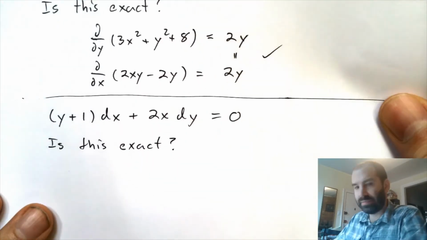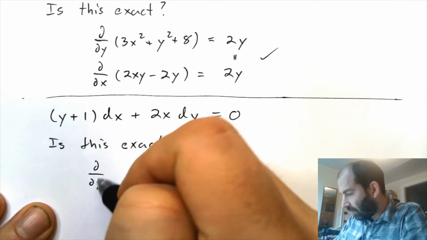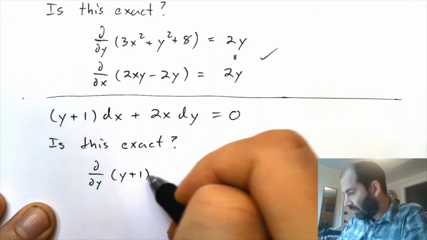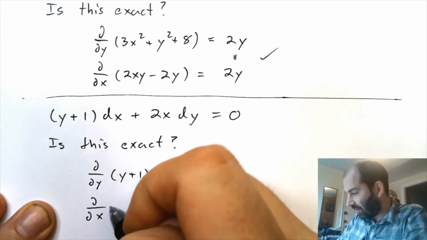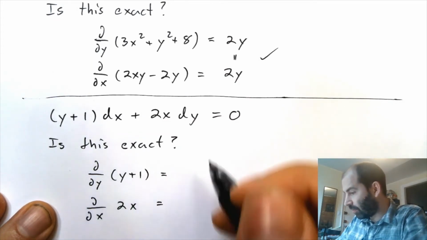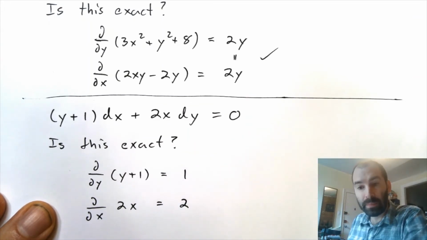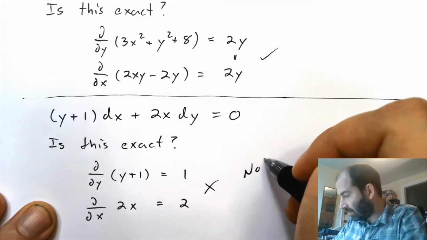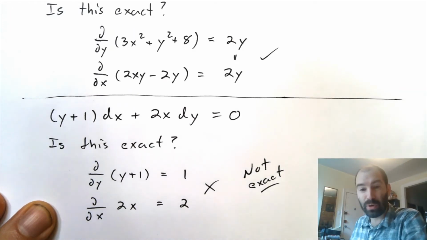Well, I have to check the derivative with respect to y of this one, and the derivative with respect to x of this one. The derivative with respect to y of this one is 1, and the derivative with respect to x of this one is 2. Are they equal? Nope. So it's not exact, which is what we concluded in the last video, but it took us a bit longer. This is a super quick way to do it. If these are not equal, it can't be exact.